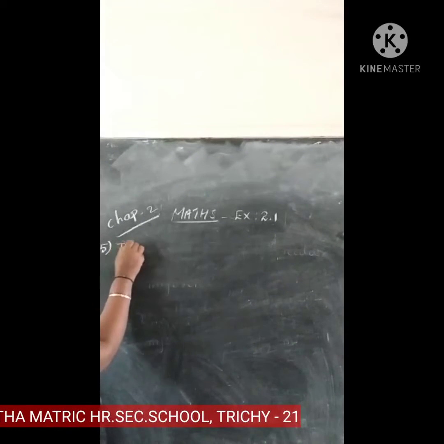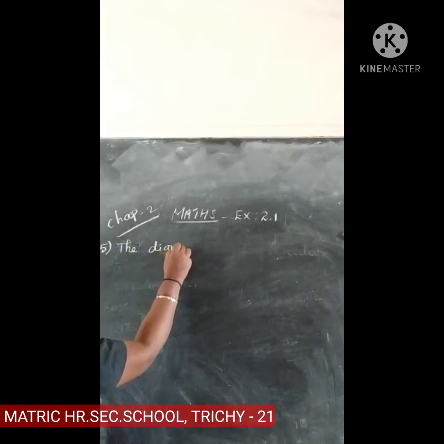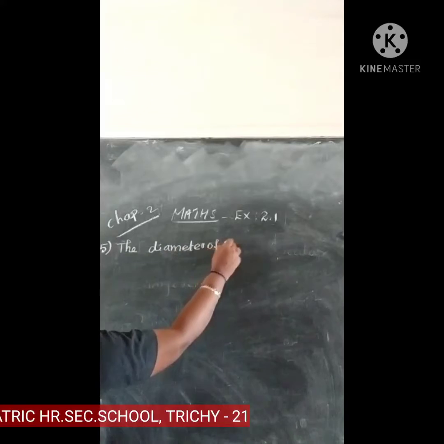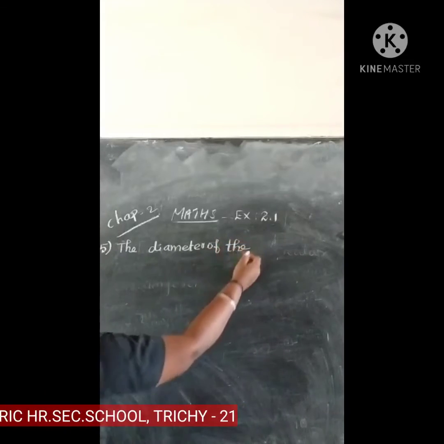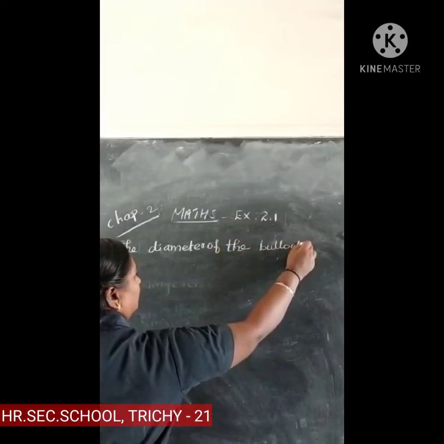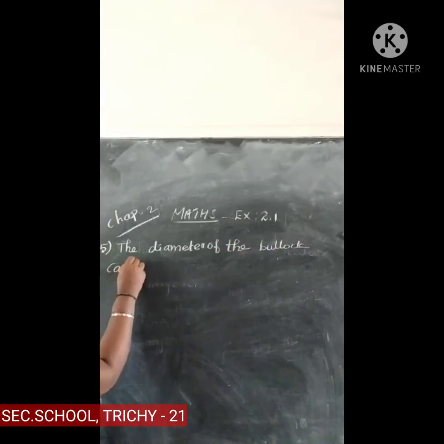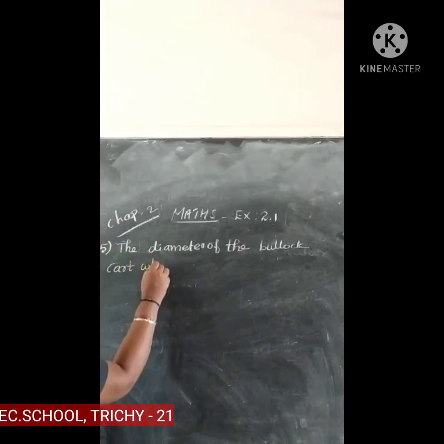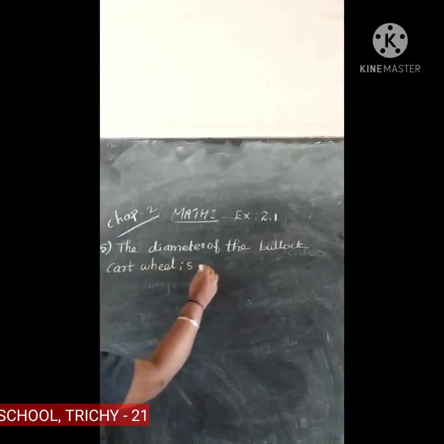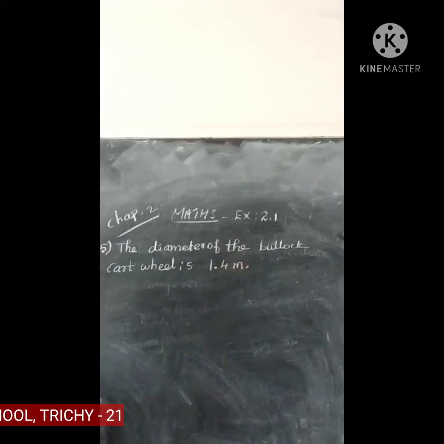The fifth sum: the diameter of the bullock cartwheel is 1.4 meter.